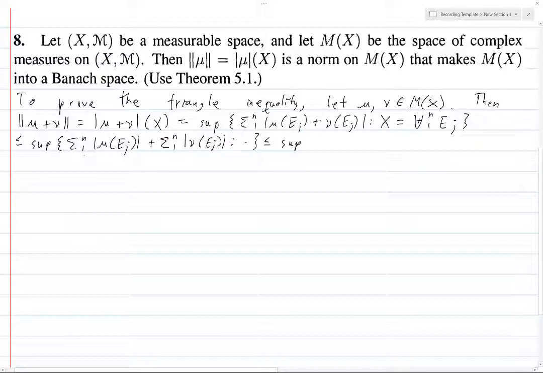Maybe you can find a different partition that will attain different supremums for each set separately. So basically what we end up with is the sum of mu of E_j, and then we add on the supremum.